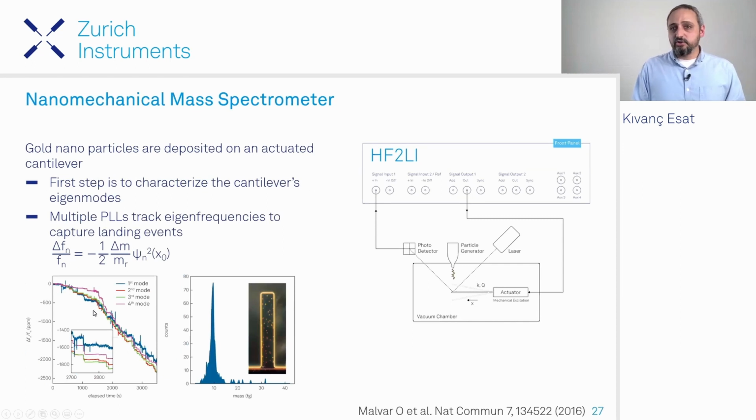And this plot shows us how much this resonance frequency drifts when a particle gets deposited on the cantilever surface. This shift is essentially a function of the added mass, and from there, we can depict the mass distribution of many particles landing on the cantilever. In this picture, you can see these dots essentially are the particles on the cantilever.